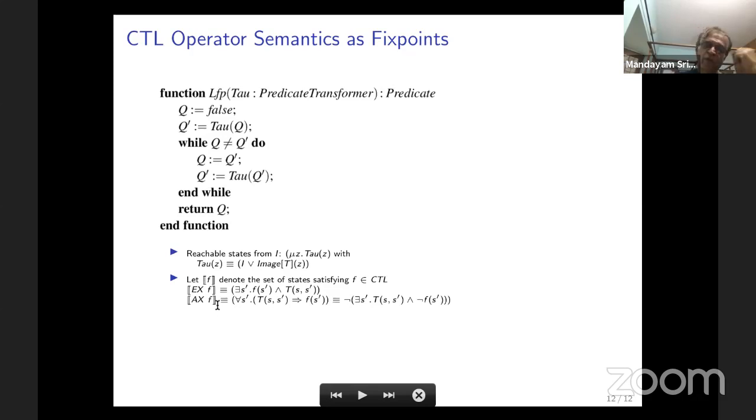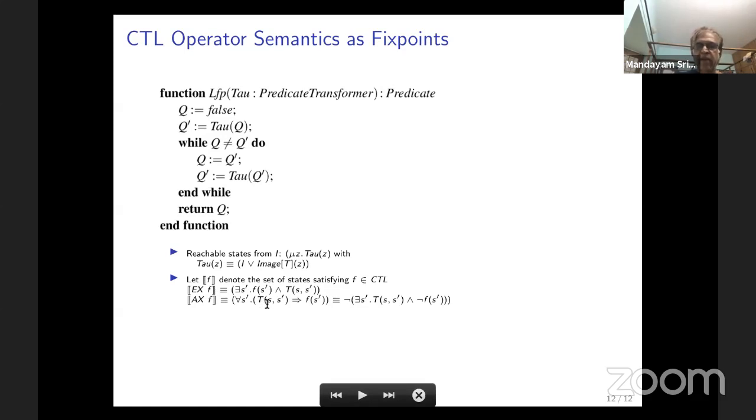Similarly, AX of f can be obtained by negating this. I'm just showing directly how you would do it. Here, as long as there exists one successor state that satisfies F is good enough.